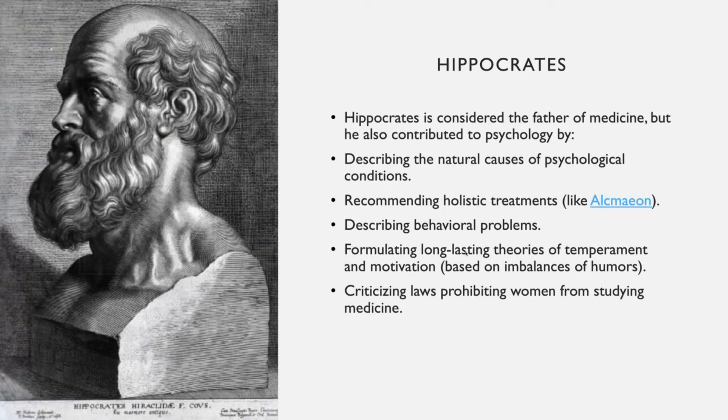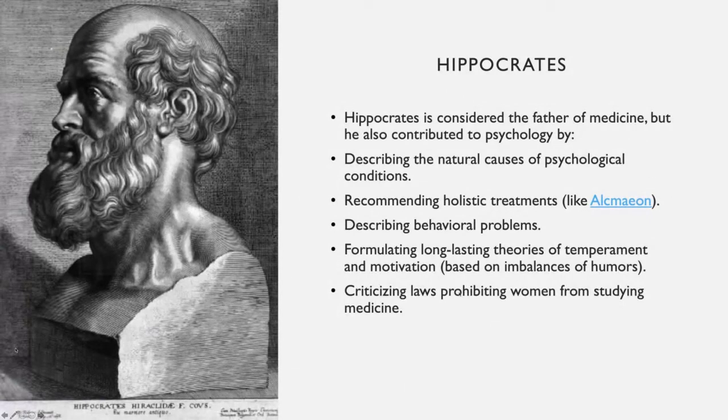This is a theory that goes well back in time to Babylonian and Egyptian cultures, but he was the one who actually wrote and described and systematically studied the theory of the imbalances of humors. And we are going to see that this is not very far from the things that we do nowadays.